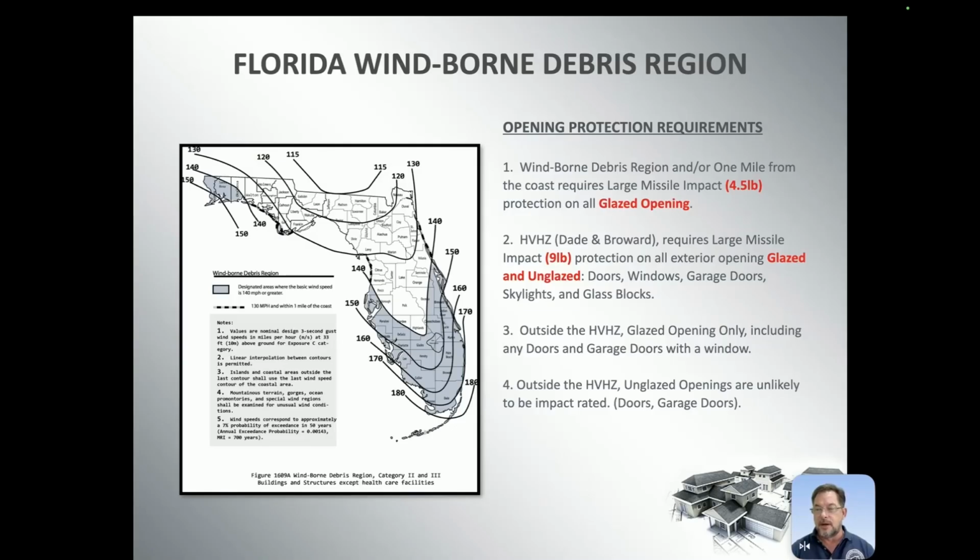So understanding that there's different types of protection, we call large missile, 4.5, 9-pound missiles, small missile. We'll get into some of that, but generally you're going to need the documentation for the opening protection. But we also need anything protected within a mile of the coast. As I mentioned earlier, other areas may require it, especially as they change the code, where you have exposures, maybe on a lake or along a highway, things like that, flat areas.